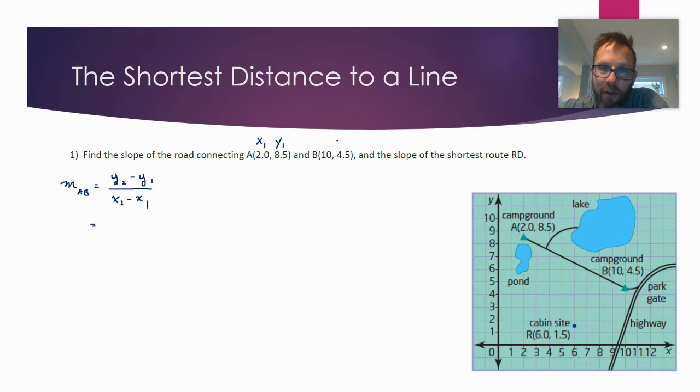I bet many of you are really quick and can do this very fast, but I'm just going to show a lot of steps here. So we have 4.5 minus 8.5 over 10 minus 2, which gives us negative 4 over 8, or negative 1 over 2.